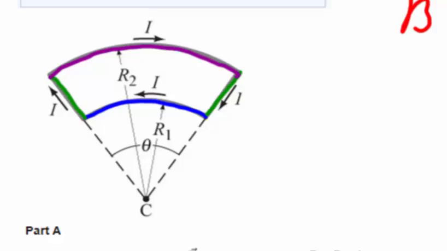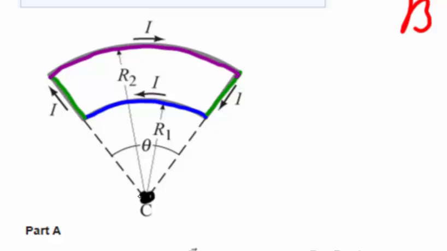However, one simplifying feature of this problem is that the current along the two green radial pieces is directed straight towards the point C. In this case, the dl for those and the r hat is in the same direction. Therefore, the cross product will yield 0, and we will have only two contributions. The first contribution from the inner arc, and the second contribution from the outer arc.